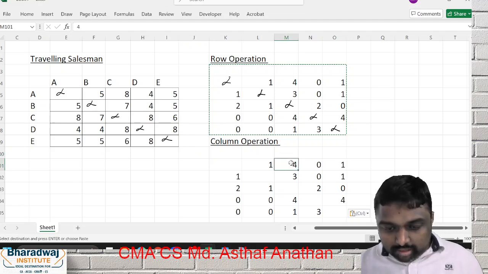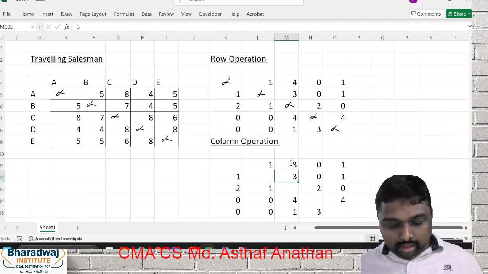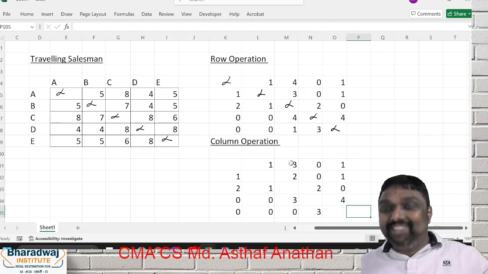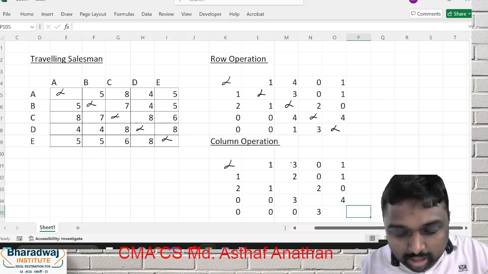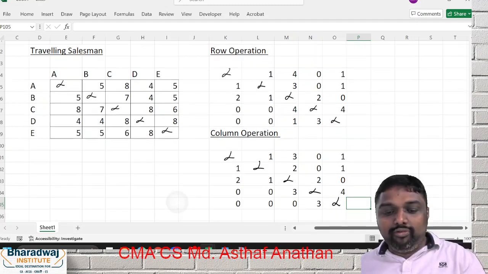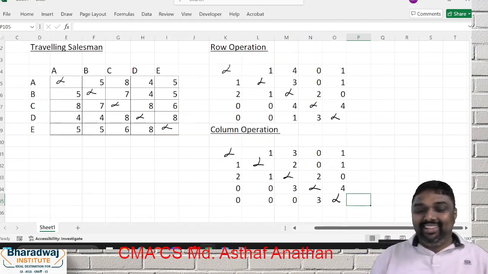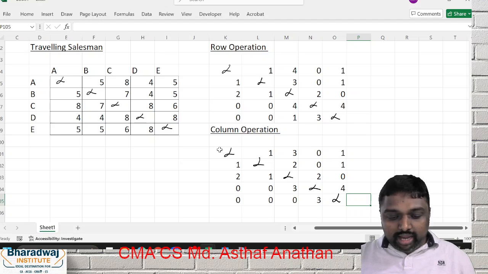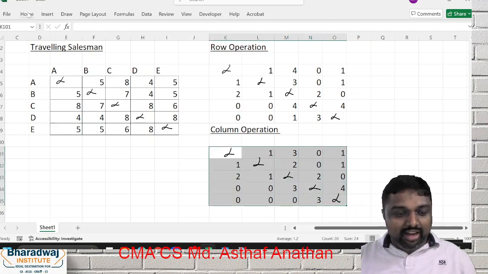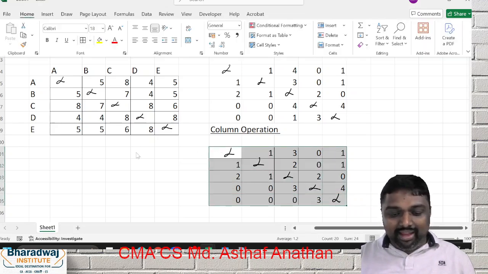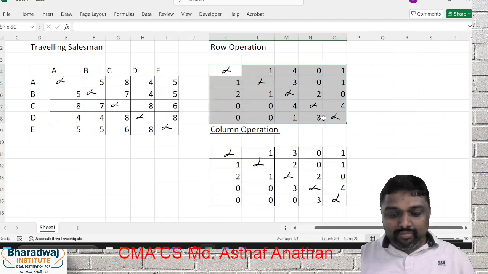So this is 3, 2, 3, 0. Balance all the columns we have 0, so that will not change. So hope all of you are ready. So we got both column operation and row operation. Now we can go for our main area. Hope you are ready.